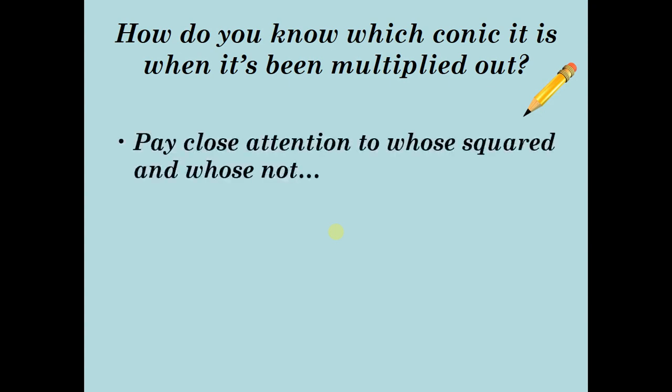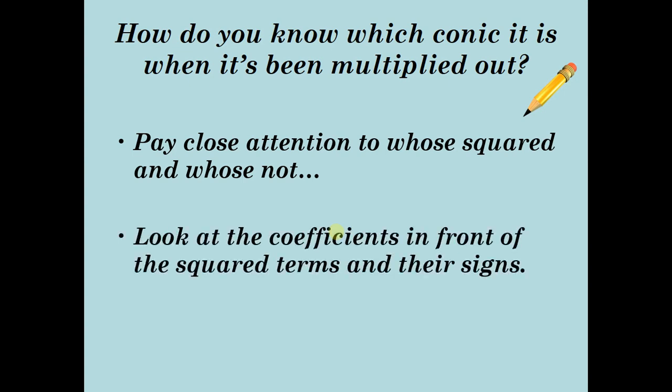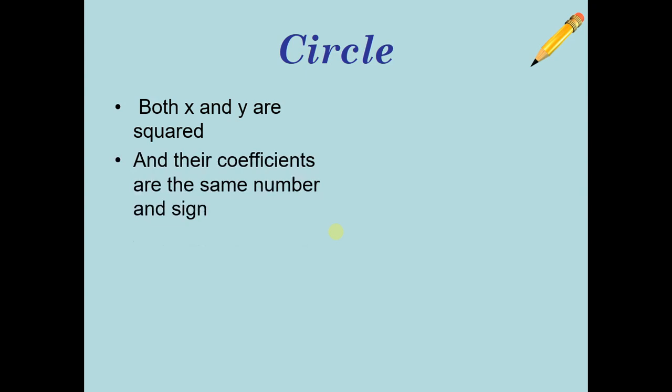Well, you've got to pay attention to who's squared and who's not. And you also need to look at the coefficients, the numbers in front of the squared terms, and their signs. We've looked at circles. If you want to know if it's a circle before you start to manipulate it, x and y are going to both be squared, and the coefficients are going to be the same number and the same sign.